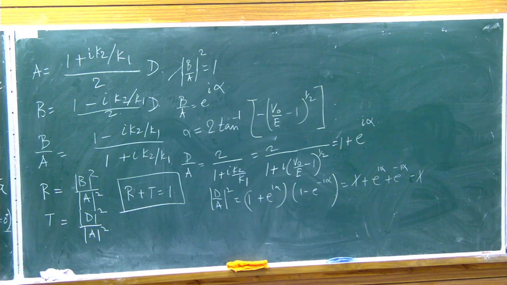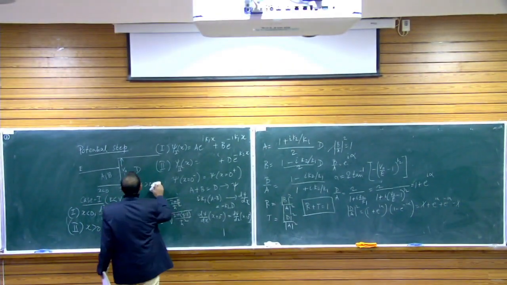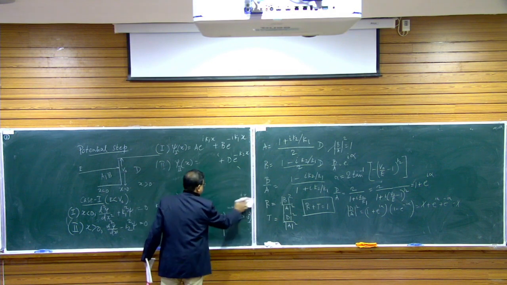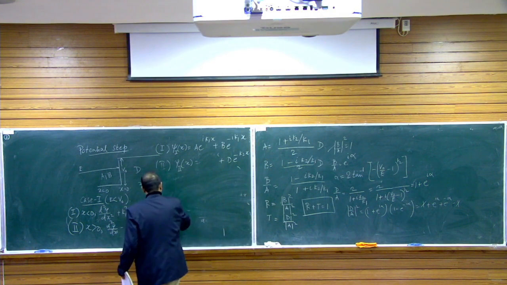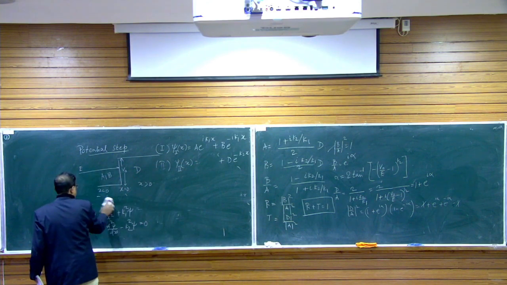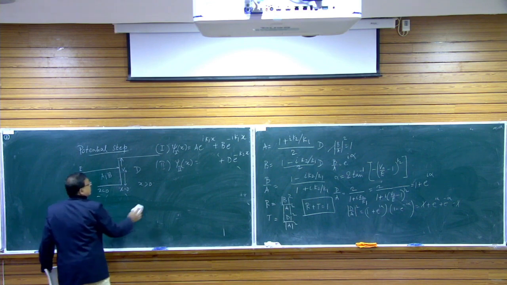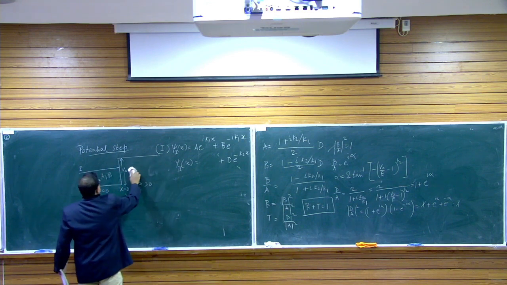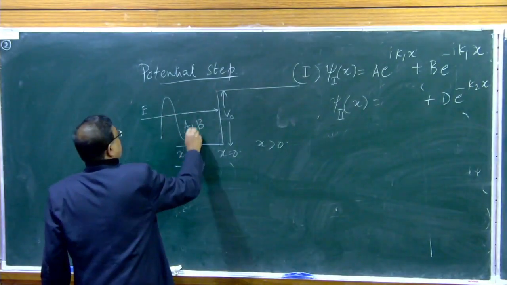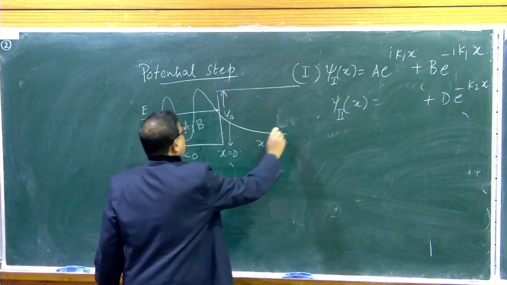So what is the physical picture? Let's come to the physical picture of this thing. Here the wave function will oscillate, and it will come here and it will go down like this.